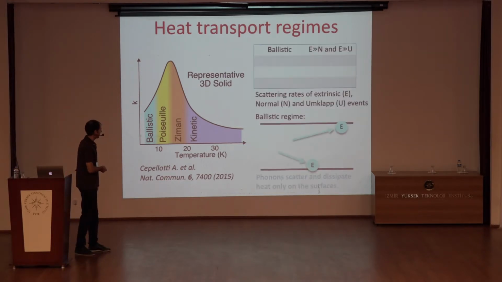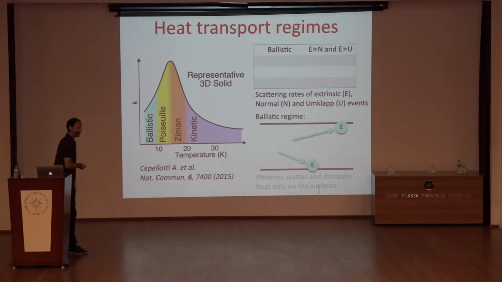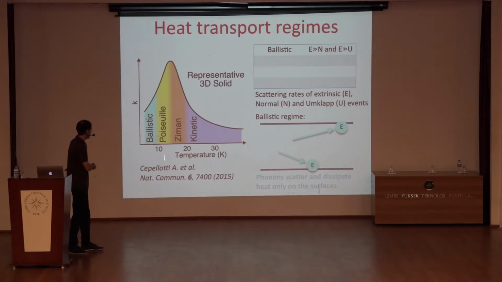You start at very low temperature, where there's no phonon scattering among different phonons. You only have phonons that are free to propagate, and every now and then they hit the surface, and that's where the heat flux is dissipated. This is the ballistic regime, which takes place at very low temperatures, cryogenic, liquid helium kind of temperatures.